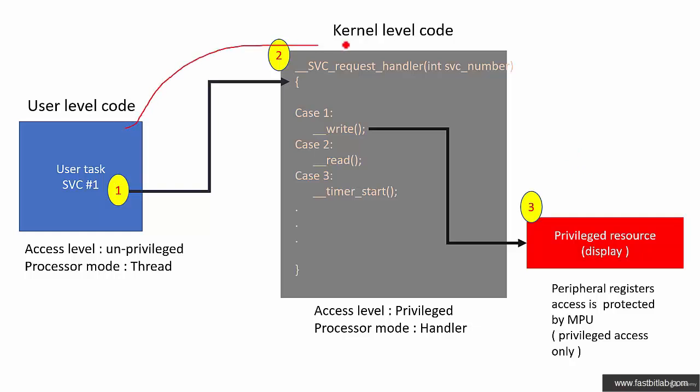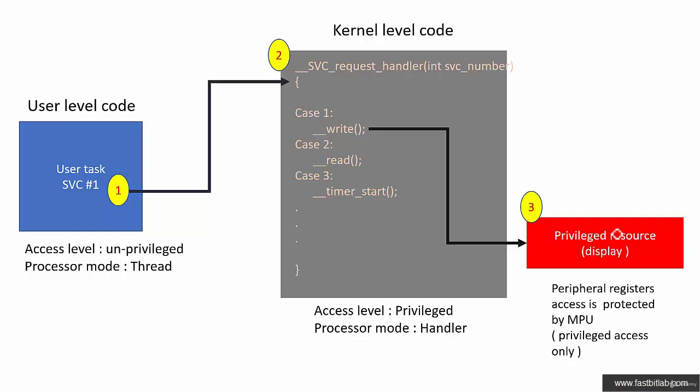The user task cannot touch the privileged resource just like that. The privileged resource, in this case the display, is maintained or taken care of by its registers. There will be a configuration register, there will be a data register, something like that. So user level code should not be allowed to change those configurations or write into the data register just like that. Otherwise, the user task may corrupt the display, isn't it?